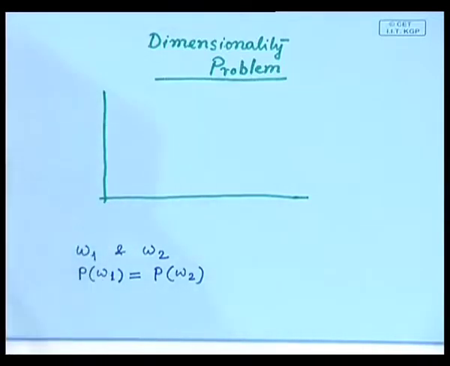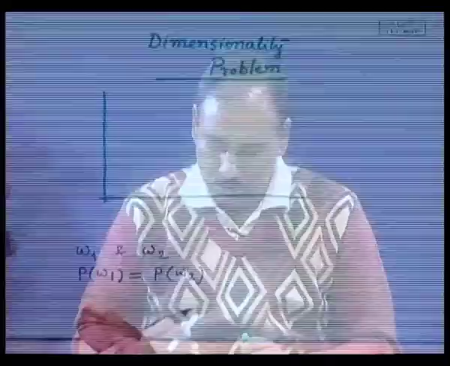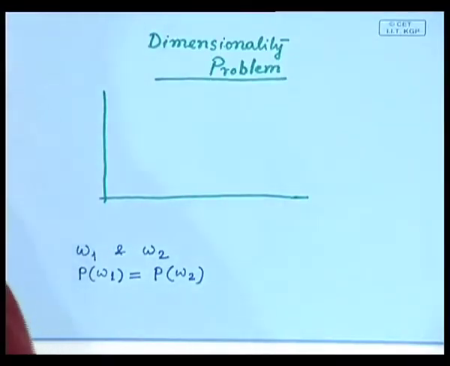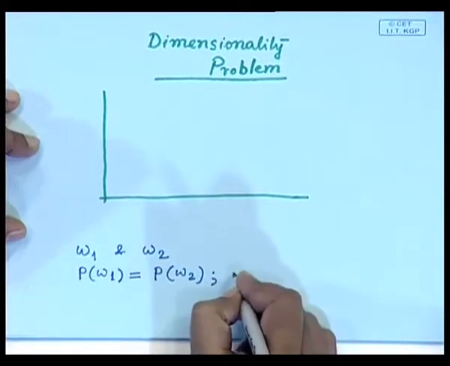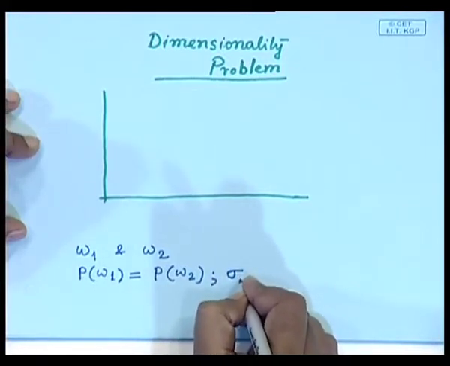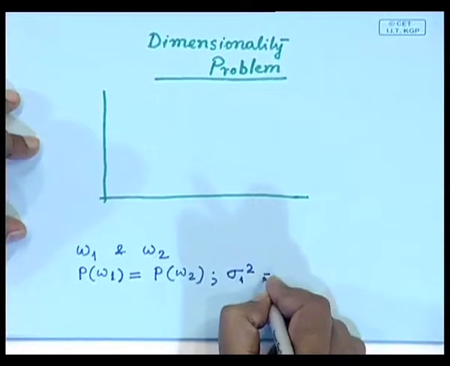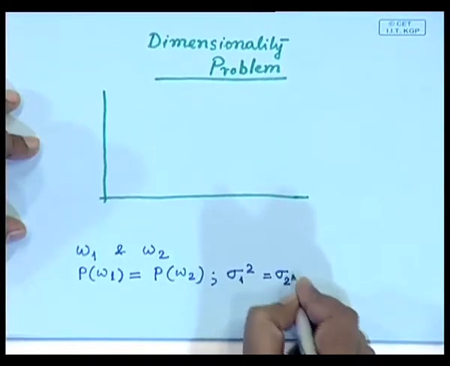If I plot the probability density functions, let me also assume that the variances of these two classes are the same, that is, sigma 1 square is equal to sigma 2 square, for simplicity.